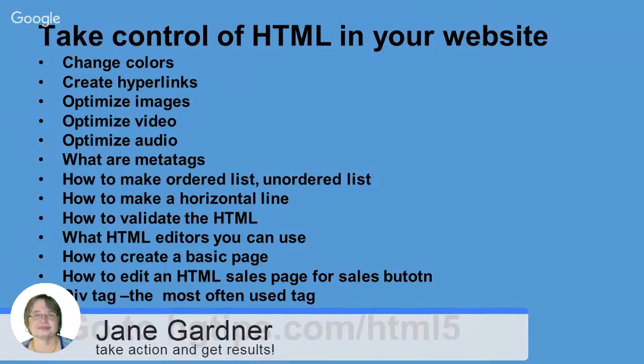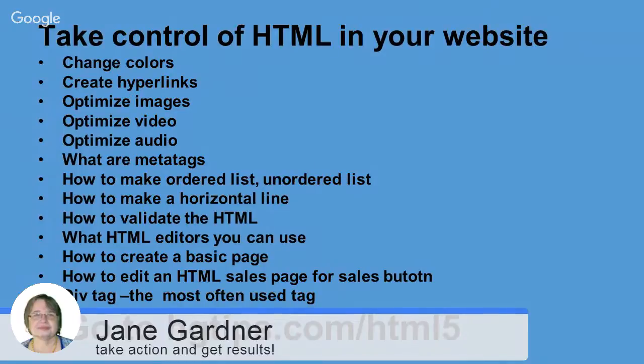And obviously, if you can look into the HTML on your website, you can control the look of them, how to optimize your video, your audio, what are meta tags, how to make an ordered list and an unordered list. If you've ever tried to do a bullet list in WordPress, you always find that there's one bullet that's going off to the side, and you never know why until you have a look in the HTML, and you can fix it.